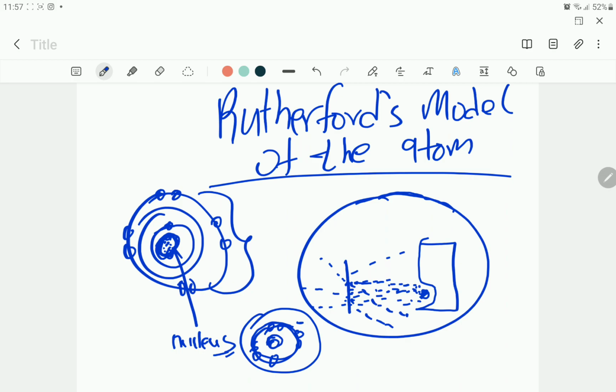And they have very small mass compared with that of protons. So the mass of an electron is small compared to the mass of the proton. And they are spread in a volume which is almost empty. So most of the space of the atom is empty.